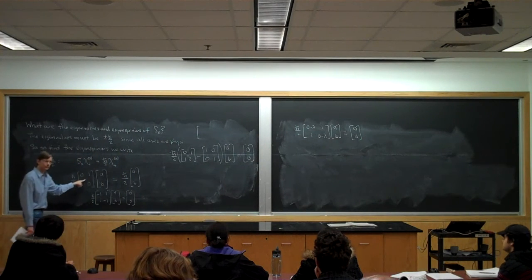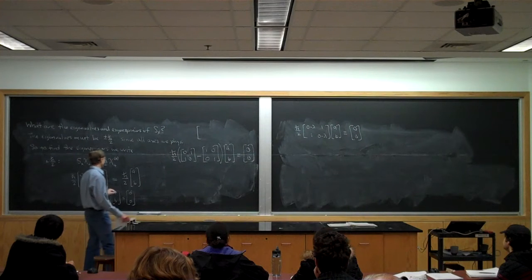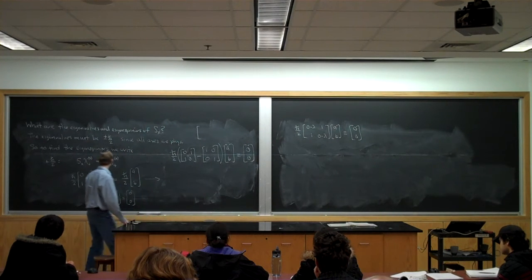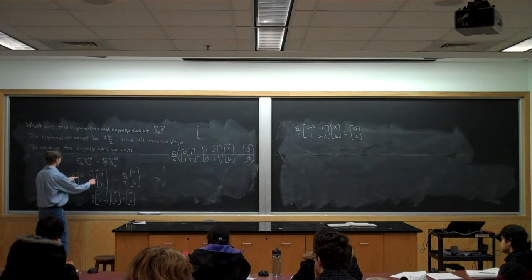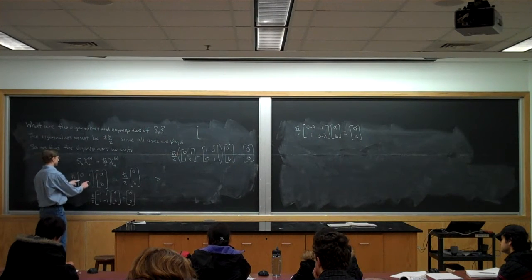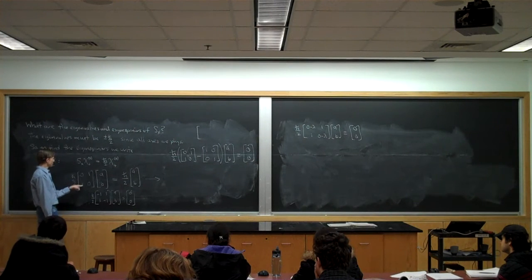Certainly I can start with this equation. So what does this say? What equations does that give me? Well, over here on the left, what is 0, 1, 1, 0 times A, B equal to? What's the top component?